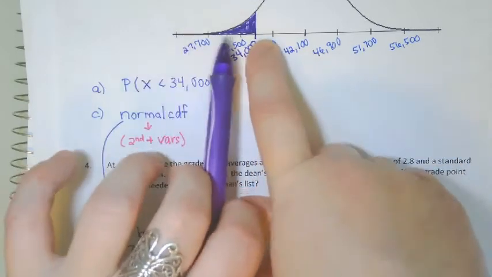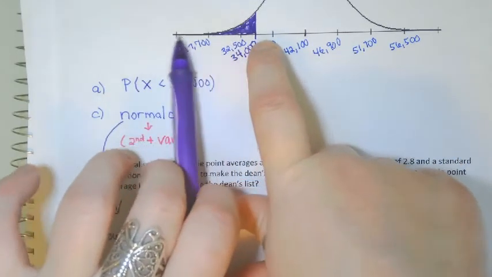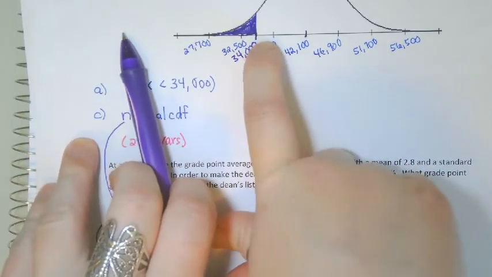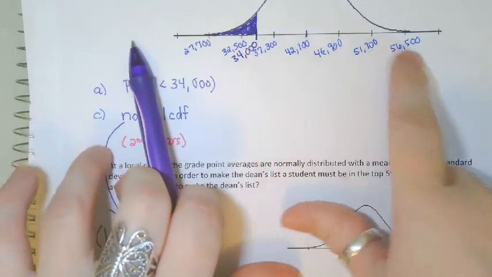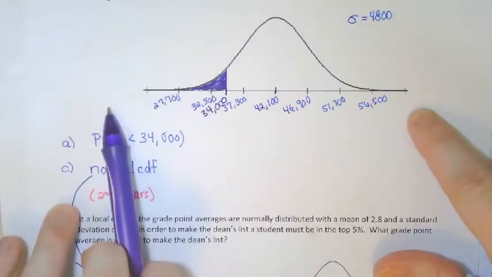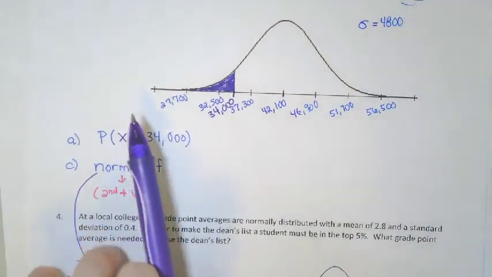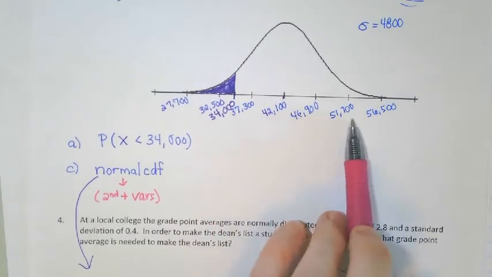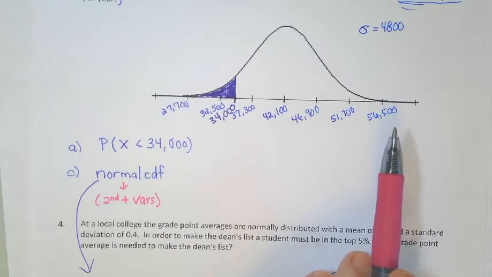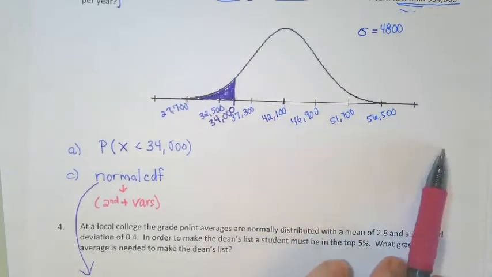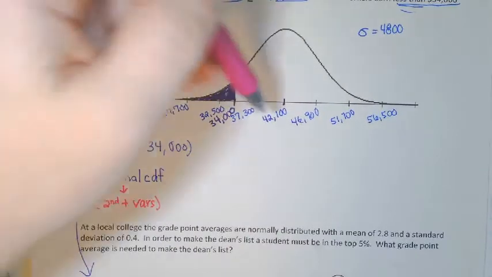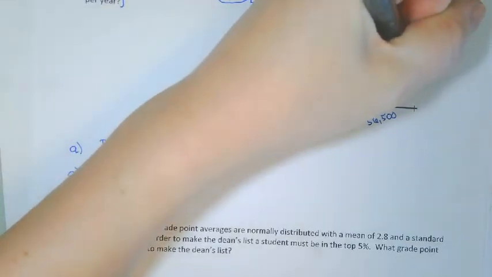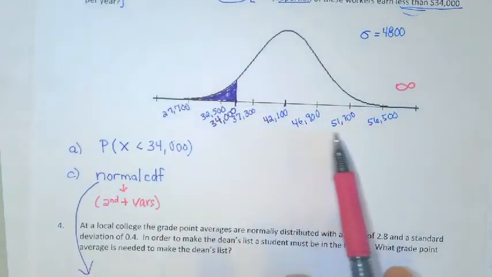And you recall earlier I mentioned that this normal curve keeps continuing on forever and ever in the left direction and in the right direction. So as we move to the right, the numbers continue to get larger and larger, and it never stops. So we say that these values are going to go to infinity, and in this case, positive infinity.